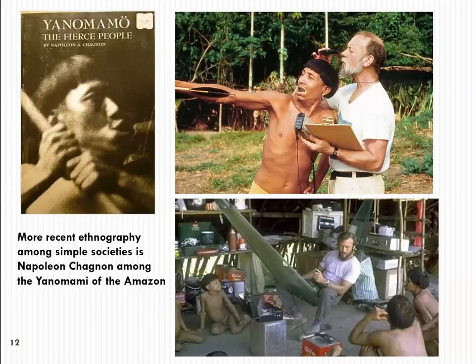And he described the Yanomamo as the fierce people because they were really in constant intertribal wars. This book had a great influence on me, and it led me to develop my theory of the purpose of intertribal warfare in simple societies, which led to the topic of my master's thesis.